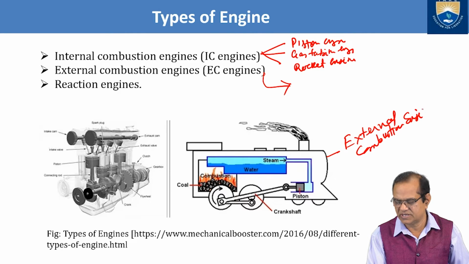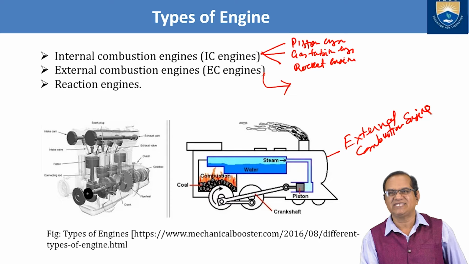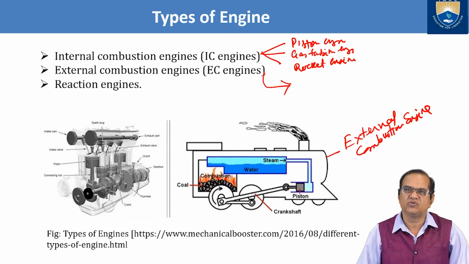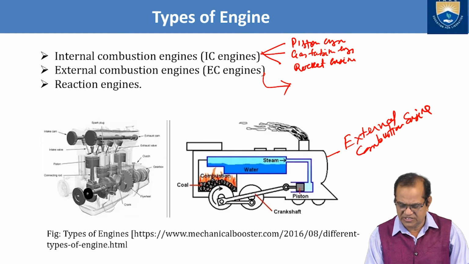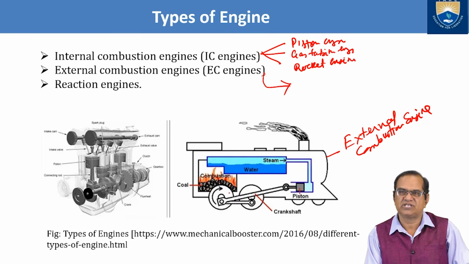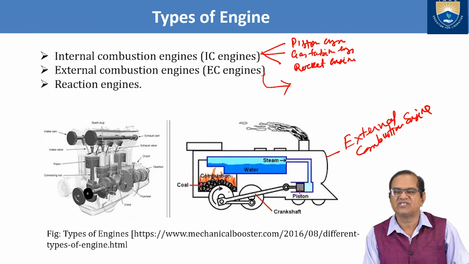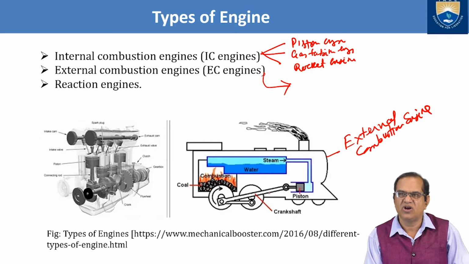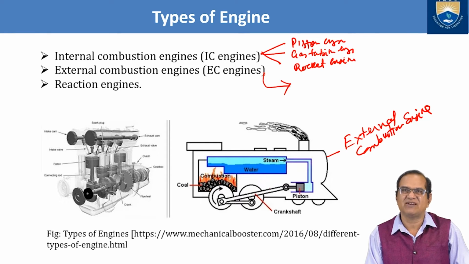In olden days, coal was used to heat the steam, and this steam used to go to the piston and engine, and in this way it used to give the power. So the steam locomotive was used, and it is called the external combustion engine.